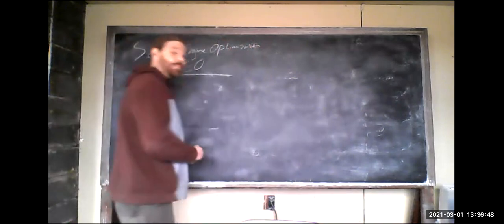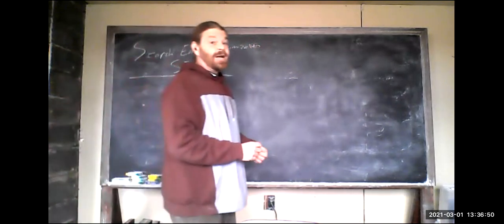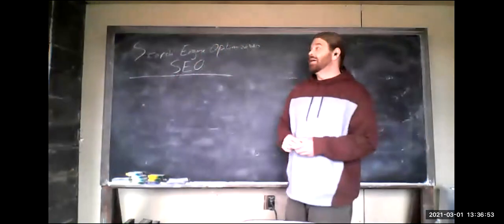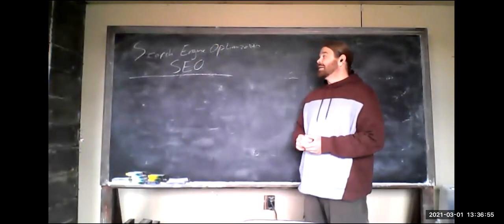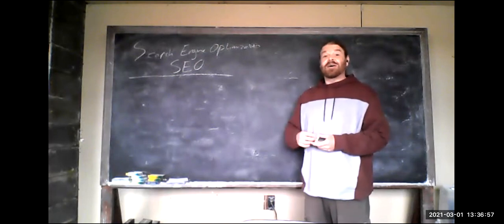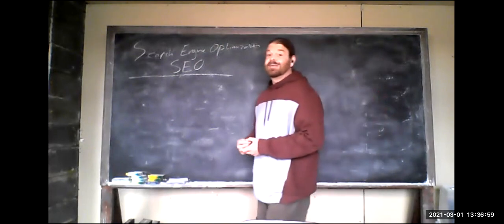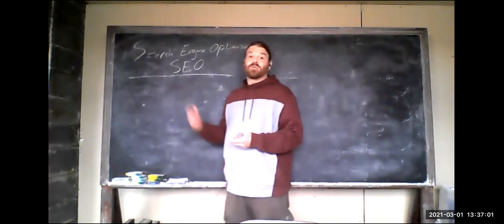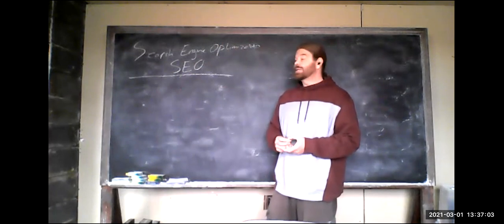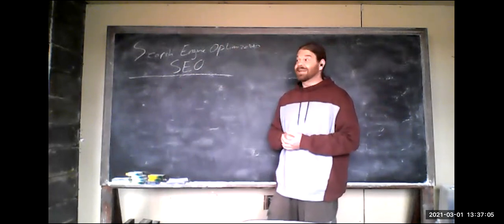Hopefully everybody almost immediately sees the importance in this, right? How do we find out things on the internet? We go right to the search engine and look for it. Sometimes even sites that we know.